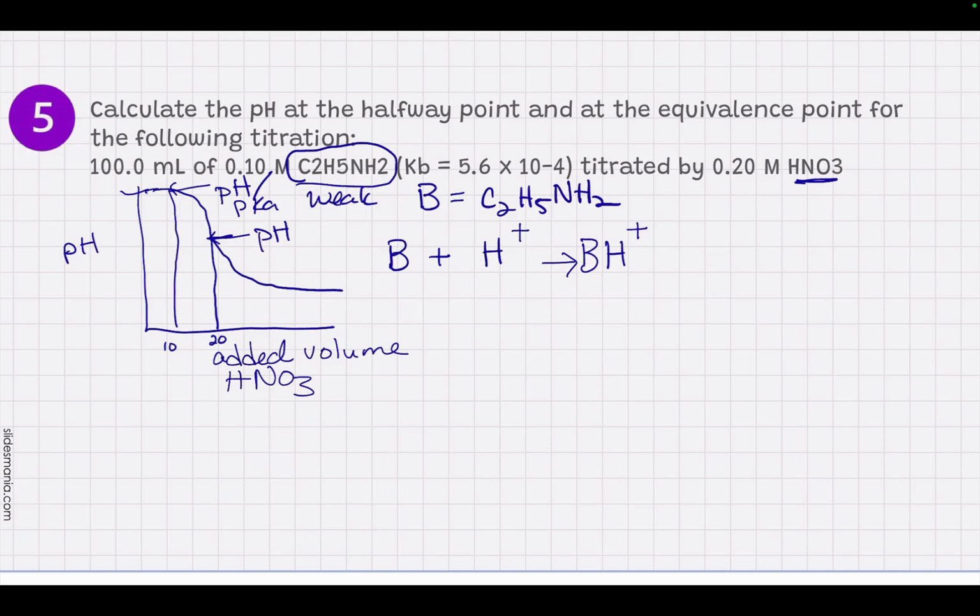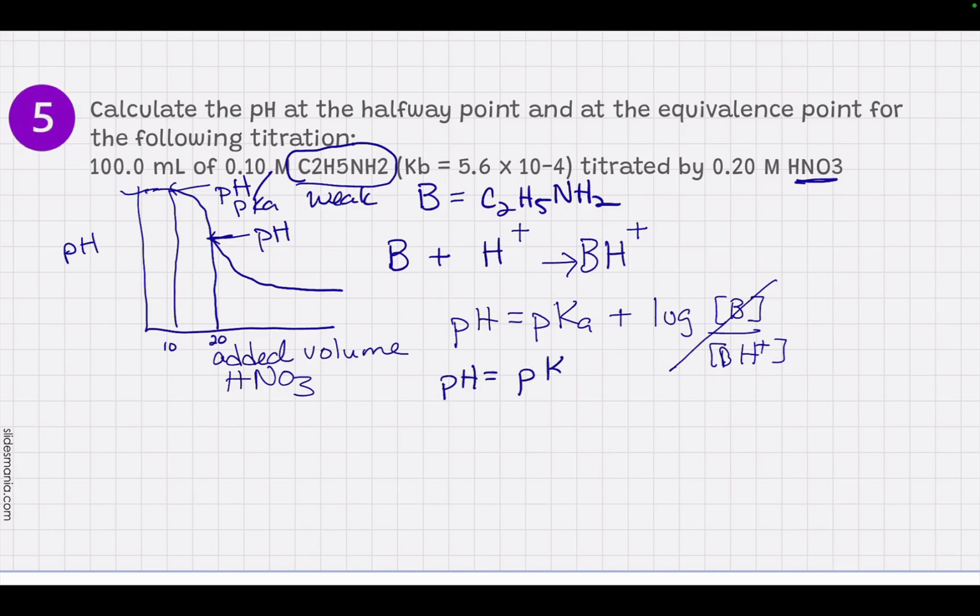For the halfway point, it's a pretty easy calculation. We would use pH equals pKa plus the log of the base over the acid. But halfway, those are equal, so that becomes 0. So pH is just equal to pKa at the half equivalence point, and that would be the negative log of the Ka.